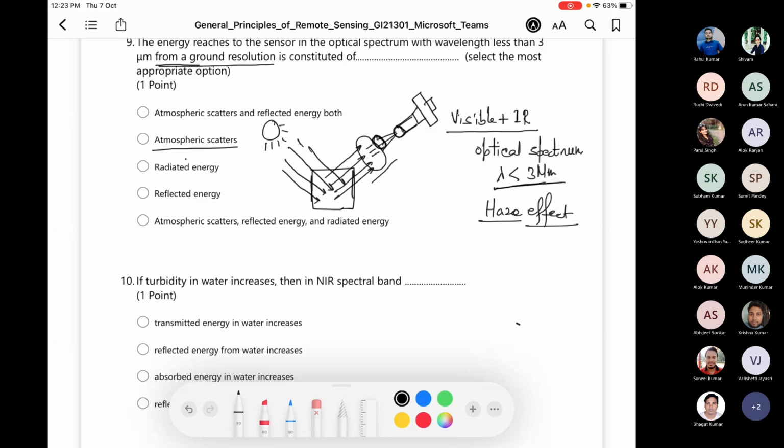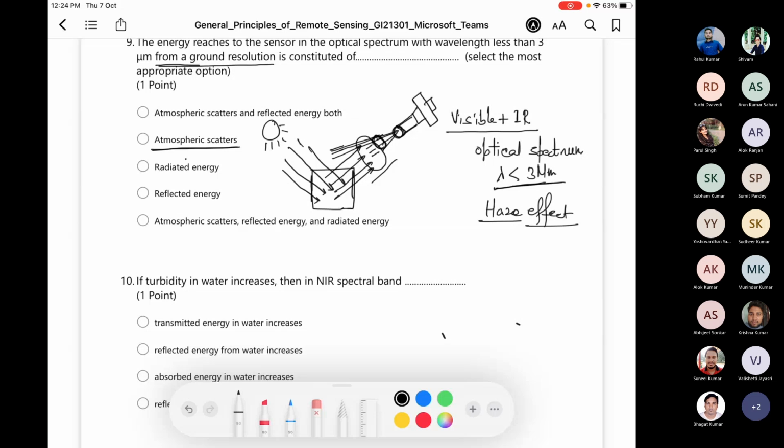So atmospheric scatters, when we consider the energy received at the sensor. Due to the scattering in the atmosphere, as we have already discussed before, there are certain atmospheric scatters which also go through the mirror and reach the sensor.